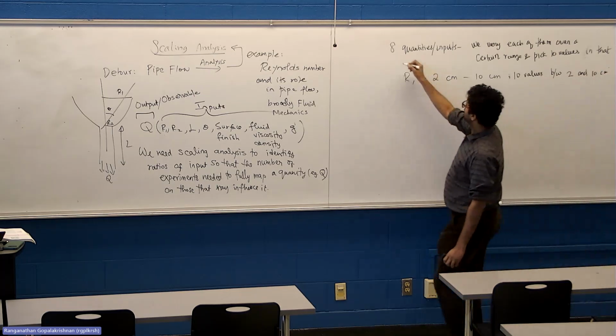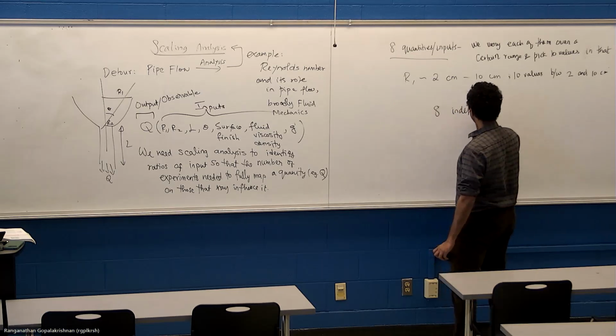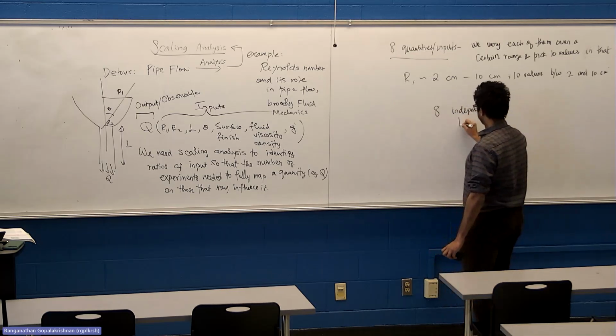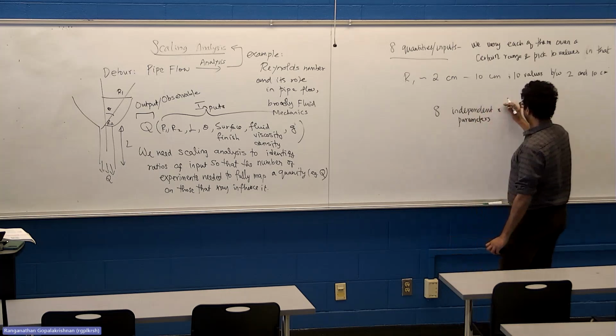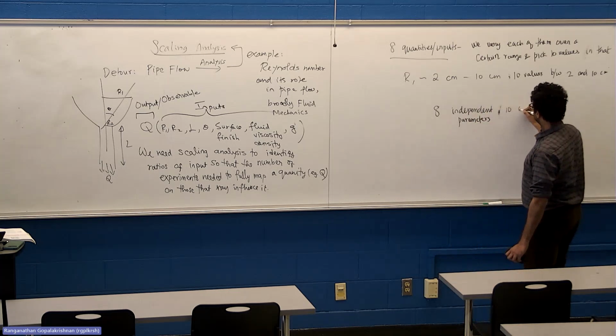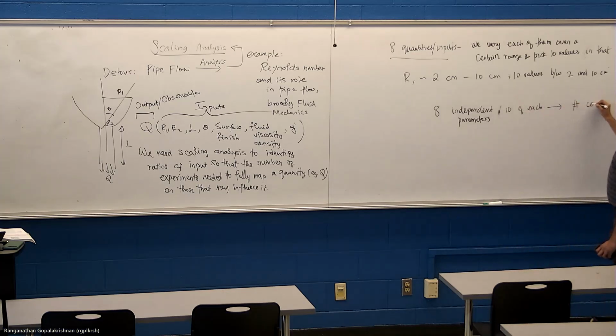I have 8 independent parameters, and 10 values of each. So the number of combinations would be how many? If I have 8 independent quantities and I take 10 possible values of each of them, how many combinations am I looking at? Not 80.